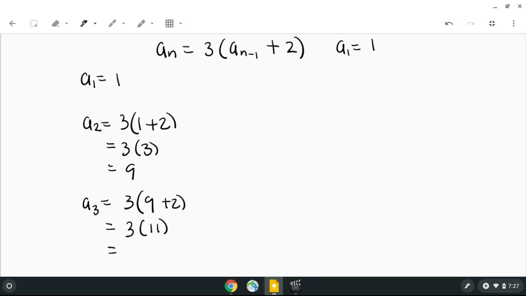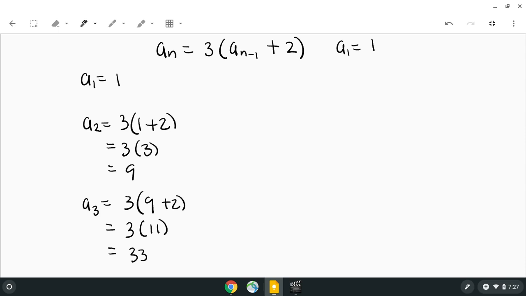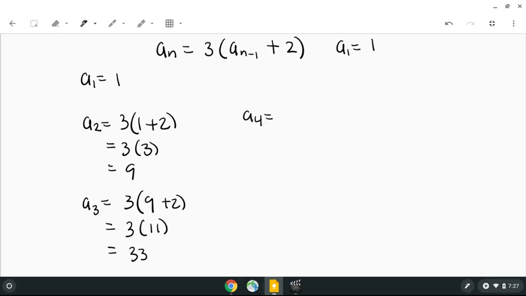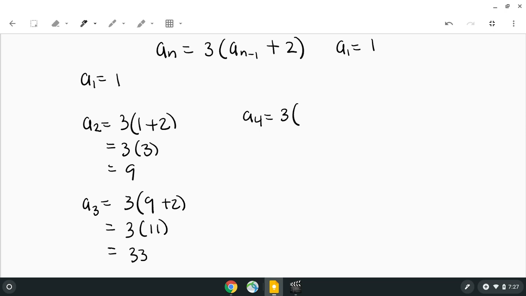And my fourth term will be 3 times the term before the fourth term, which is the third term, which is 33, plus 2. So 3 times 35, and that will be 105.